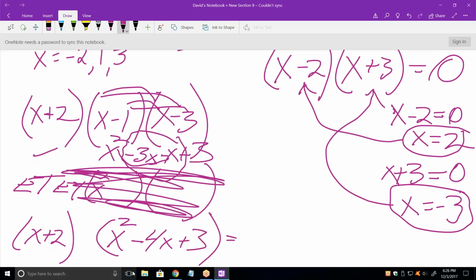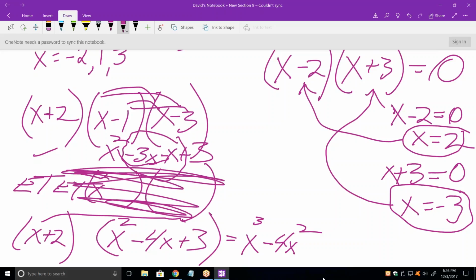Okay. So x times x squared is x cubed, and then x times negative 4x is negative 4x squared, and then that's all my x's, so I gotta go to the 2. Oh, there's one more x.